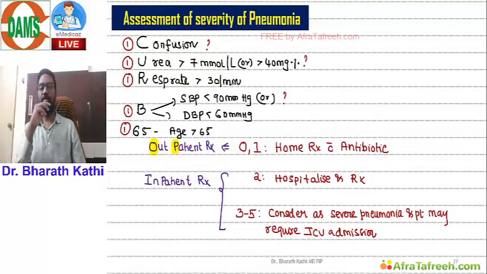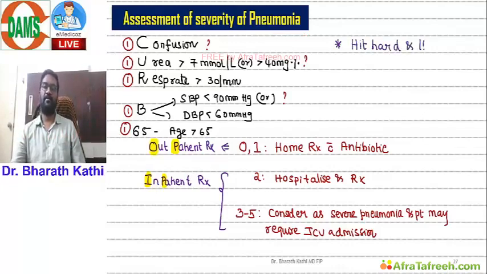So what will be the empirical choice of antibiotics? And also for inpatients in the hospital, the dictum in any pneumonia is hit hard and hit fast. So give the best available antibiotic in the clinical scenario as soon as possible.